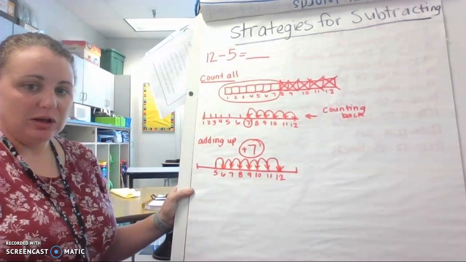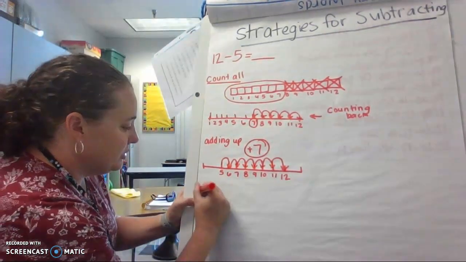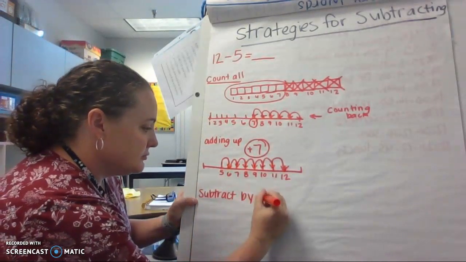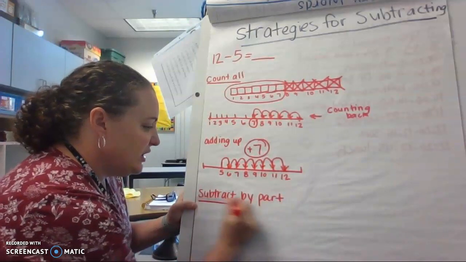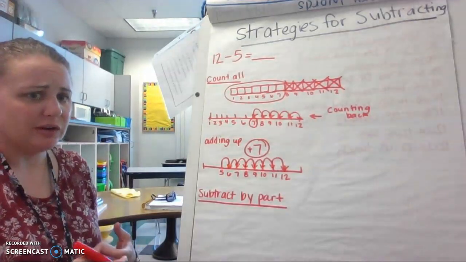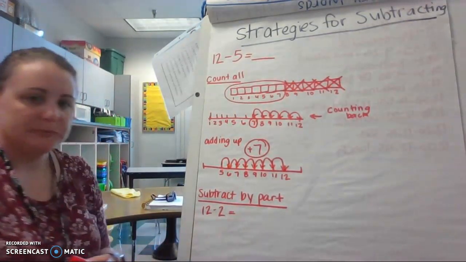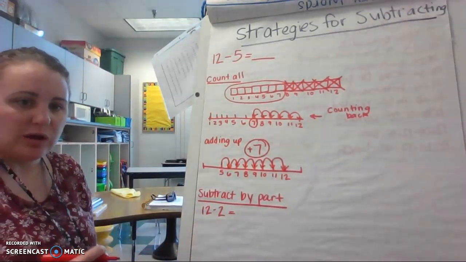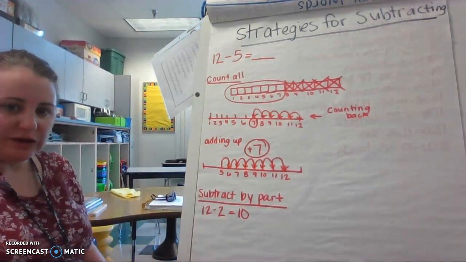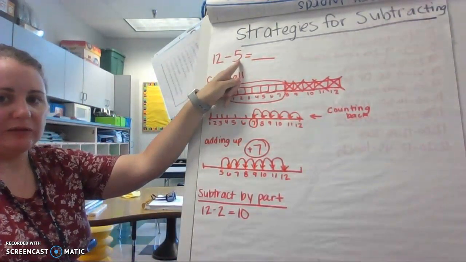Just like in adding, we can add by part. We can subtract by part too. So instead of doing the whole 12 minus 5, because 5 is a hard number and 12 is not very friendly, maybe I wanted to do 12 minus 2. That's a little easier. What would 12 minus 2 be? Absolutely, that gets us to 10, which is very friendly. So I took 2 of the 5.